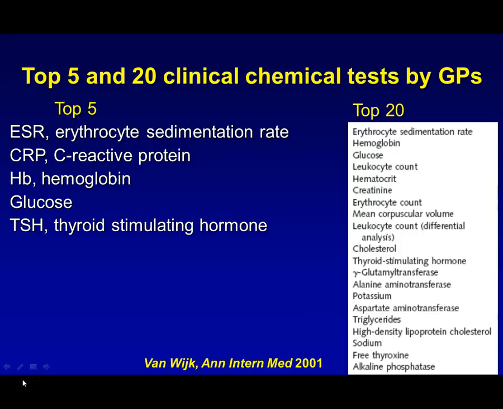And also cardiovascular risk can be established using triglycerides, high-density lipoprotein cholesterol, and low-density lipoprotein cholesterol.